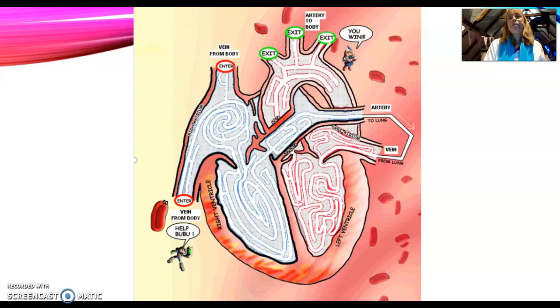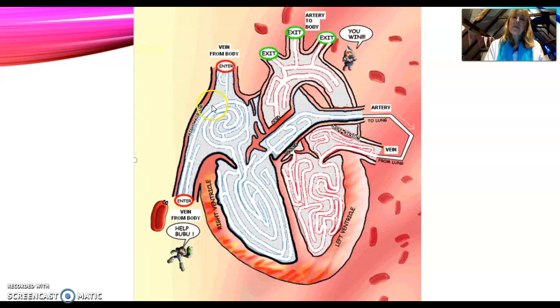Now if we take some blood that is traveling from our baby toe, where it just picked up some carbon dioxide in the capillaries and it's now traveling back to the heart. That blood will arrive in a vein because it's going to the heart, so it's a vein, and that main vein is called the vena cava.